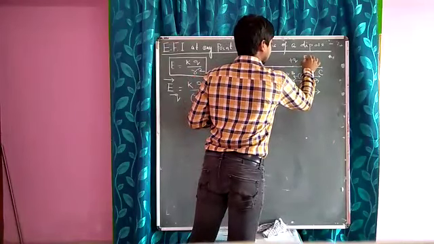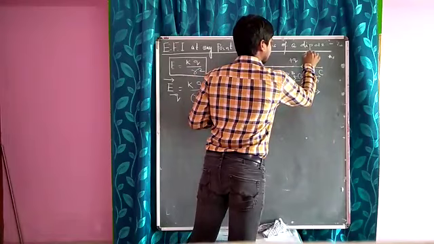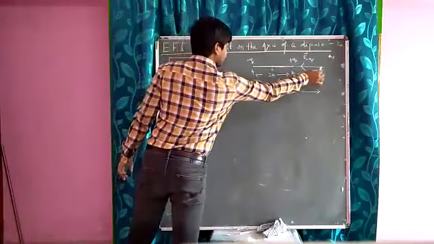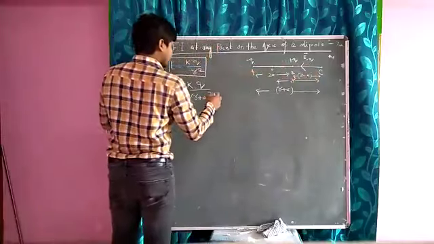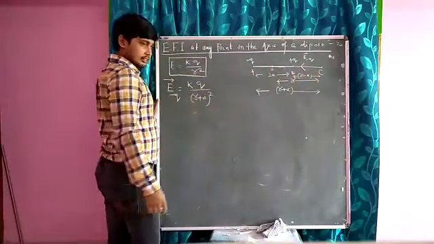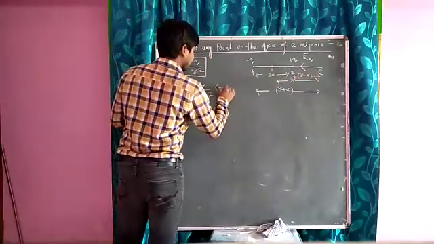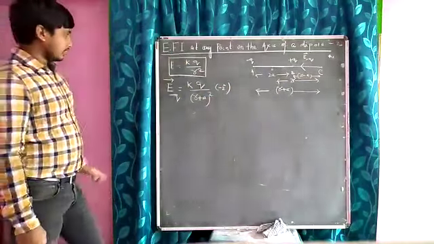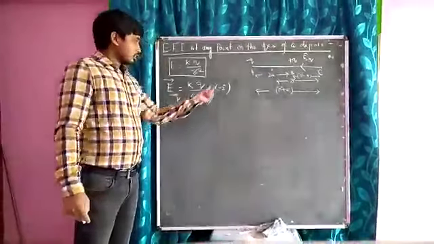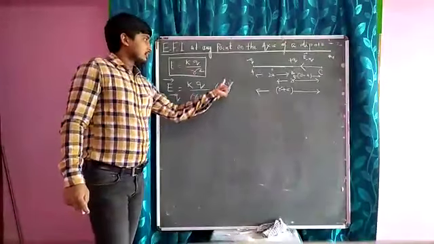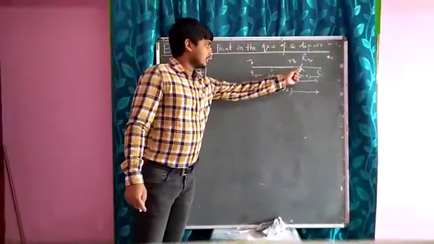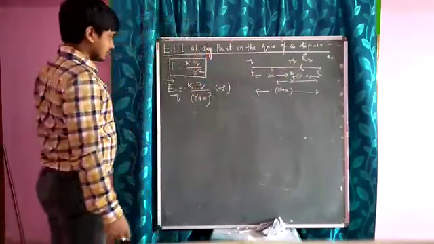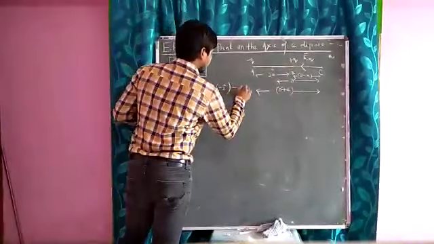So this is the direction of E minus q, and it will be directed along C to A. Hence it is the opposite x direction, so I will use minus i cap. I think all of you are clear? This minus i cap is due to the direction of the electric field being along the negative x-axis. So let it be equation 1.